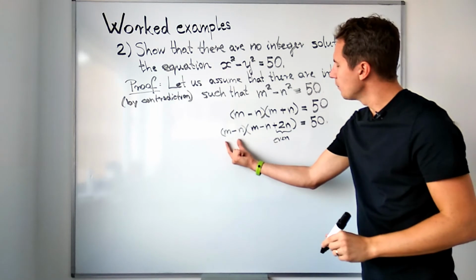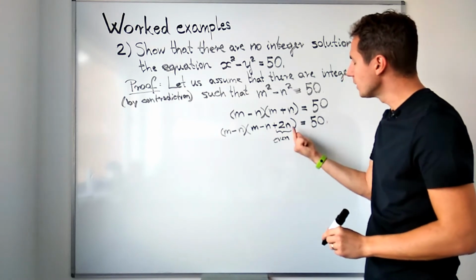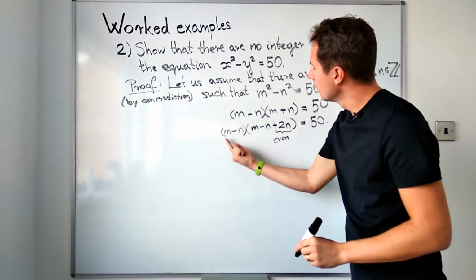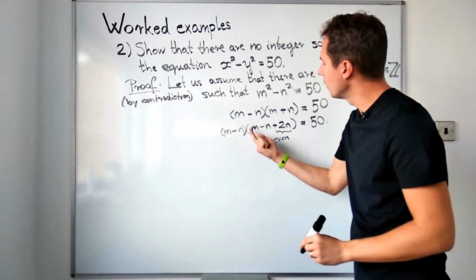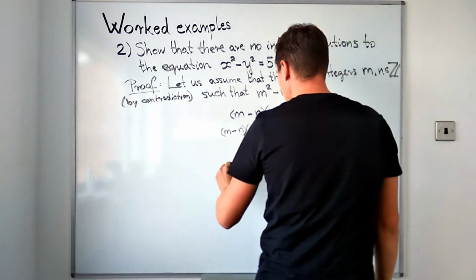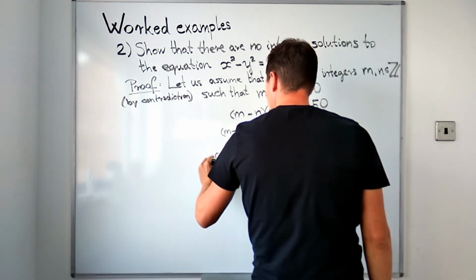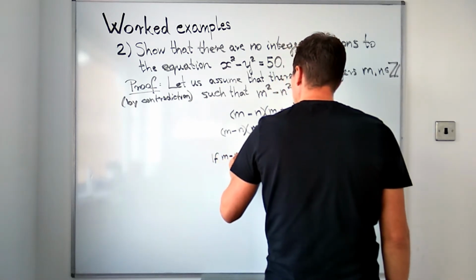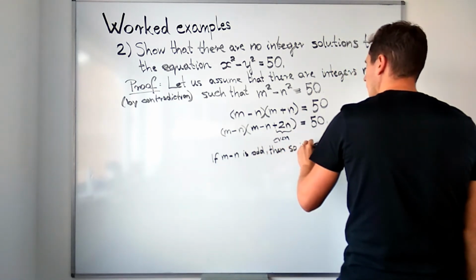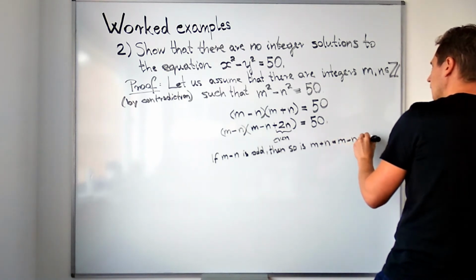So since we are taking a number and then multiplying it by another number that we get from the first one by adding an even number, whatever the parity of the first one was, the second one should have the same parity. Okay, so let me just say that if m minus n is odd, then so is m plus n, because we have written it as m minus n plus 2n.